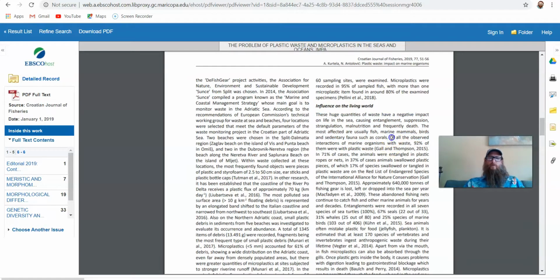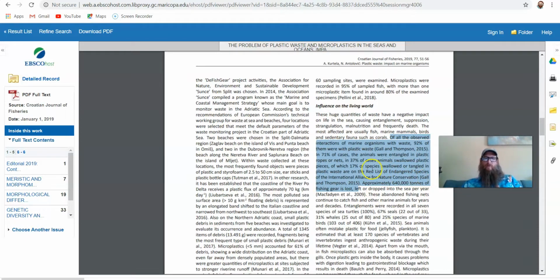And then they start to provide some interesting facts about how these animals interacted with the waste and what the effects of it were. And as you can see, it talks about the percentage of cases where the waste that they interacted with was plastic, right? And it was plastic 92% of the time.